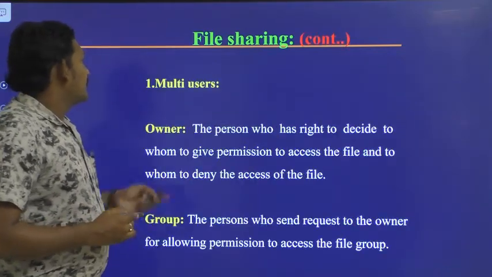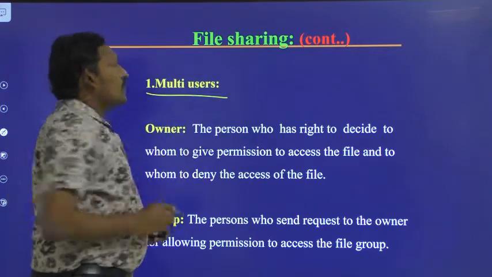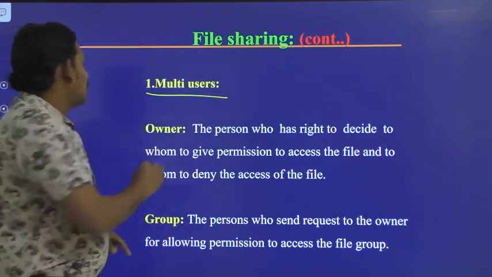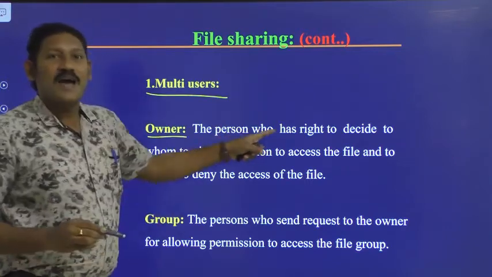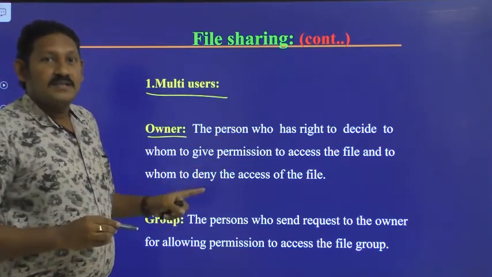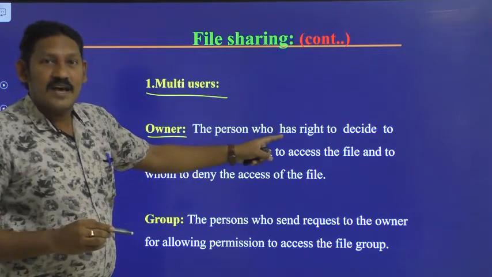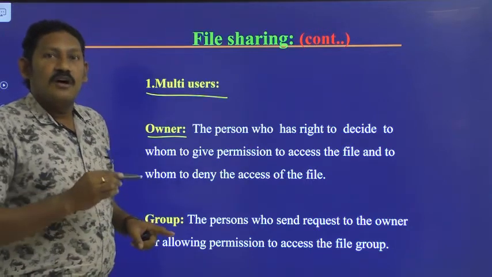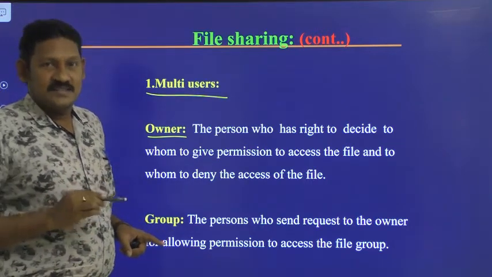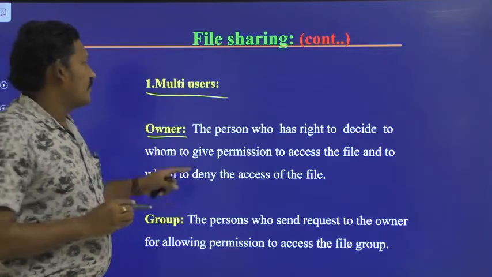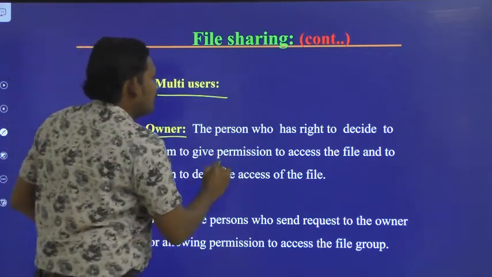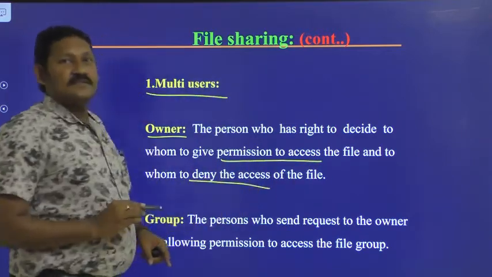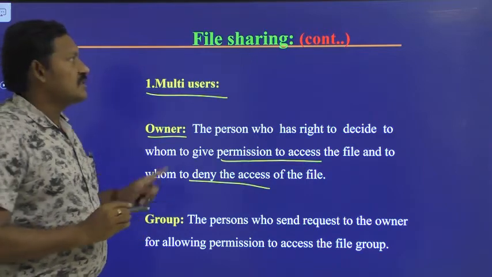So in multi-user sharing, we have the owner and the group. Who is the owner? The owner is the person who has the right to decide whether to give permission for accessing the file or to deny the access, meaning rejecting the access.